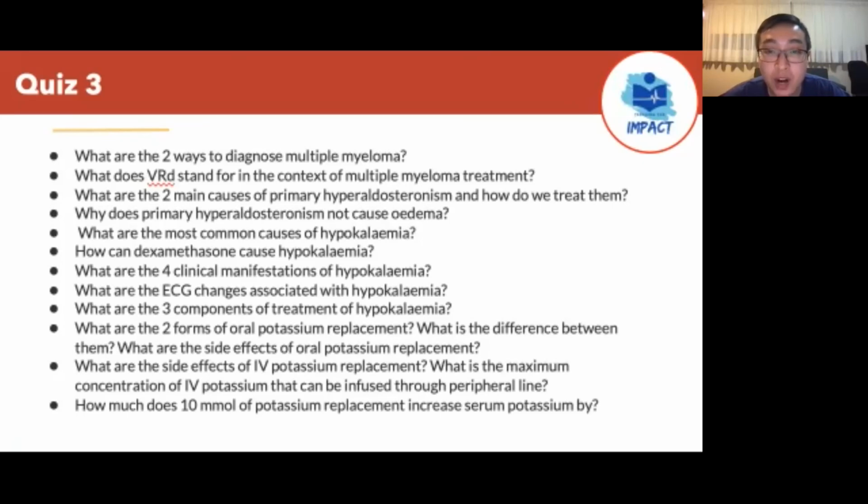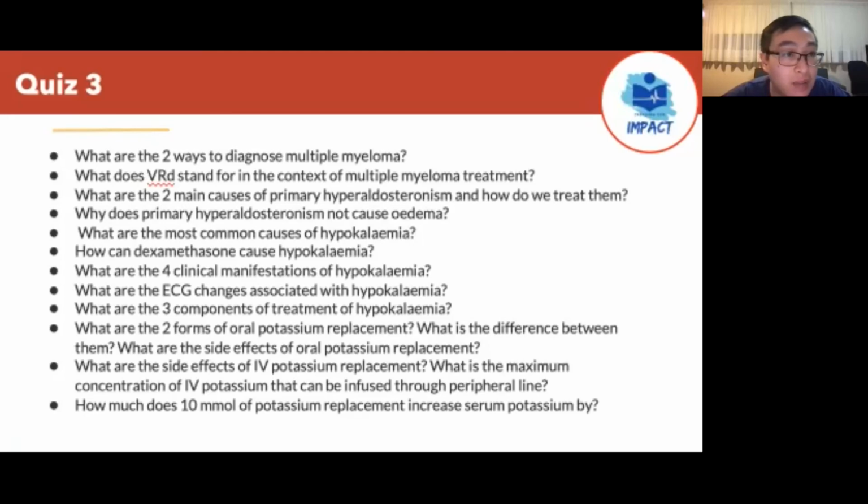The most common causes of hypokalemia, we've talked about two in this talk. Corticosteroids can definitely cause hypokalemia, and primary hyperaldosteronism can also cause hypokalemia. Clinical features we didn't get a chance to talk about, but severe muscle weakness is one. You can present with cardiac arrhythmias, obviously.